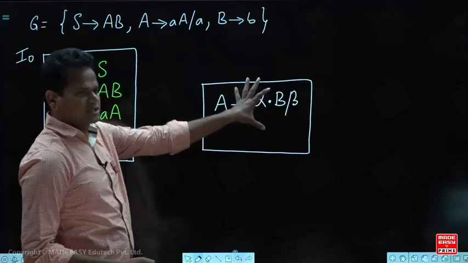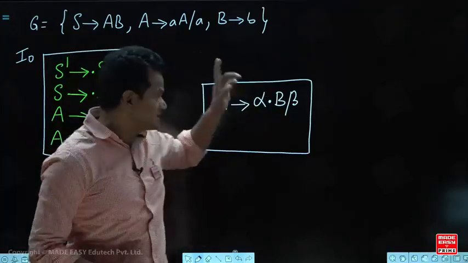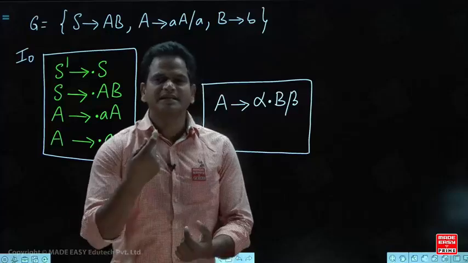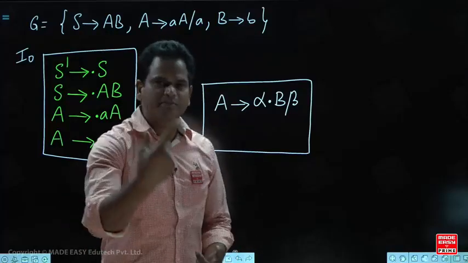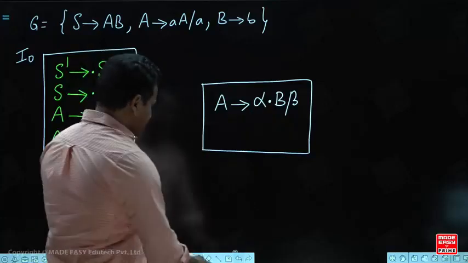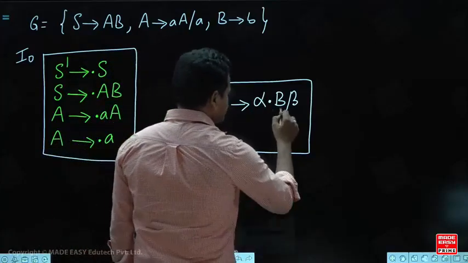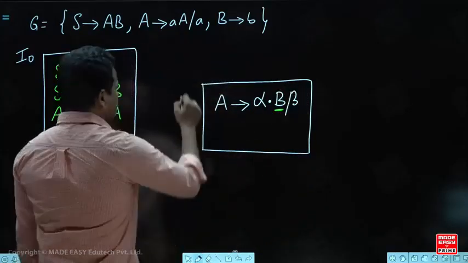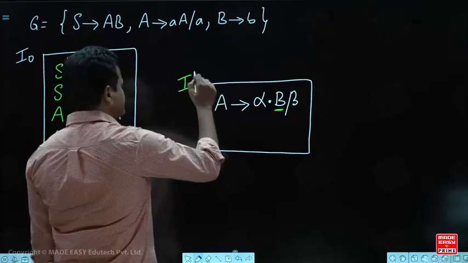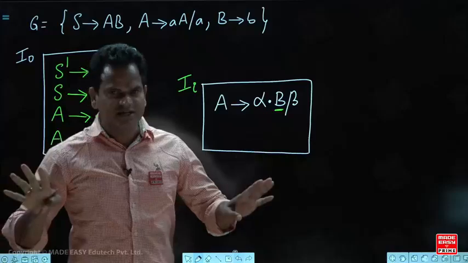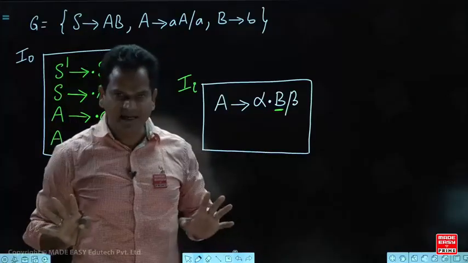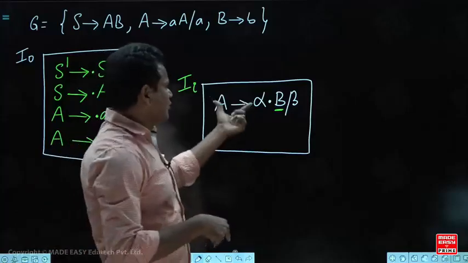Shift symbol means the symbol present immediately after the dot. So it is B, and B is a non-terminal. I repeat: in general, there is one state, let the name of that state be I, and in that state you have one production.